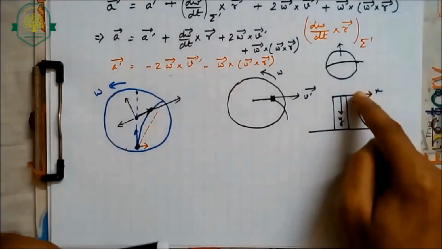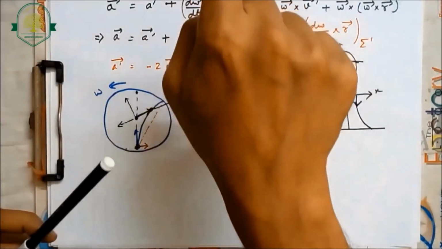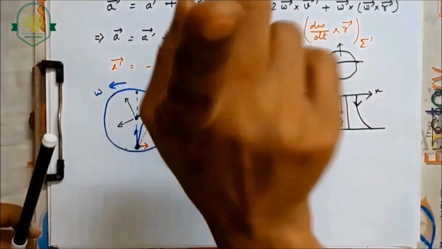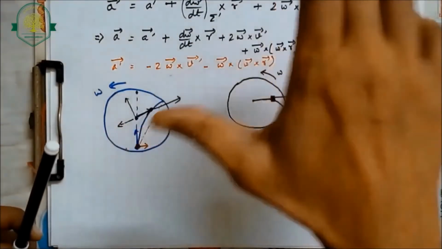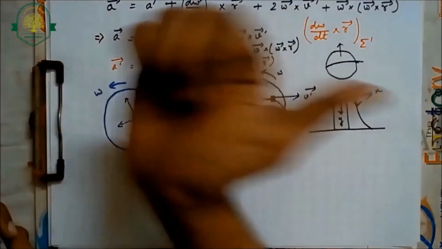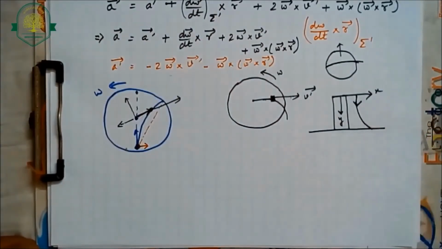So if I drop the ball, the velocity of the ball is in this direction, while the angular velocity of the earth is in the upward direction. So omega cross v will give us this direction, but because of the minus sign, the ball gets deflected in that direction. Therefore, the ball moves in a path like so.